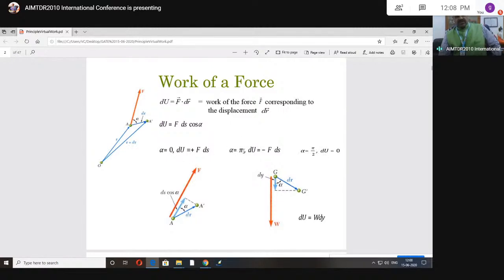Alpha 0, alpha pi, or alpha equal to 90 degrees. Okay, the three cases at any alpha. Along the displacement, work done is positive. At 180 degrees, opposite, negative work done. At 90 degrees, for a block resting on a plane surface, perpendicular direction, no work done. That's the case. Okay.